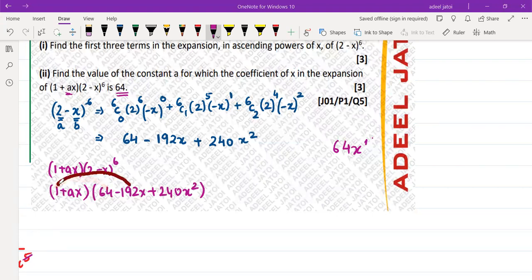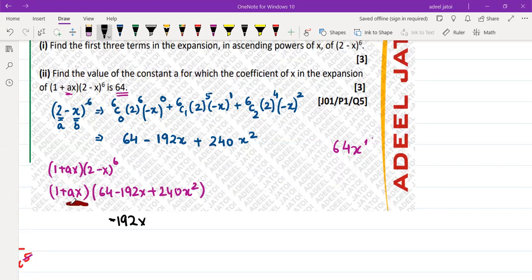But 1 into minus 192 will become minus 192x. Which means, yes, there is a coefficient minus 192x. This is coefficient of x. Moving further, this 1 when multiplied by 240x square will become 240x square. Is this coefficient? No. So that means we will not be taking this value again.